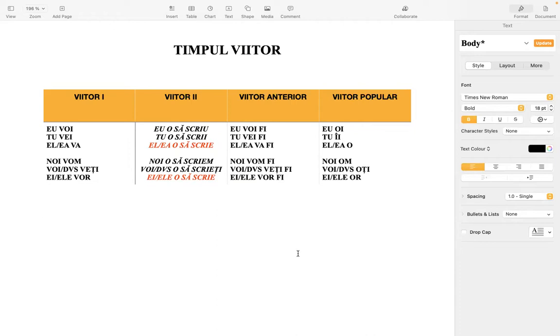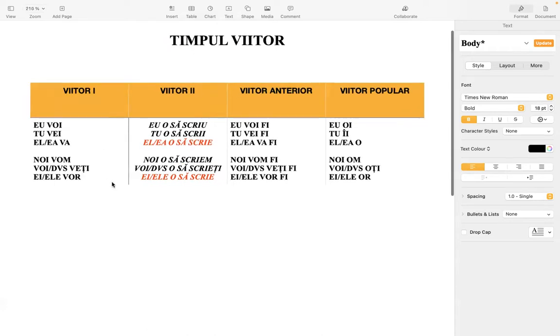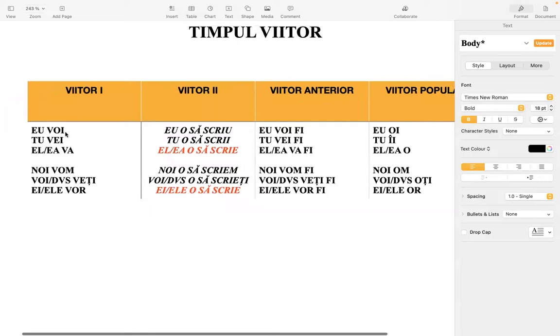Because these are two tenses that are good to know, but they are two tenses in the future that you will find only in novels, poems, stories, fairy tales, etc. Now, what we have here: eu voi, tu vei, el ea va, noi vom, voi, dumneavoastră veți, ei ele vor.